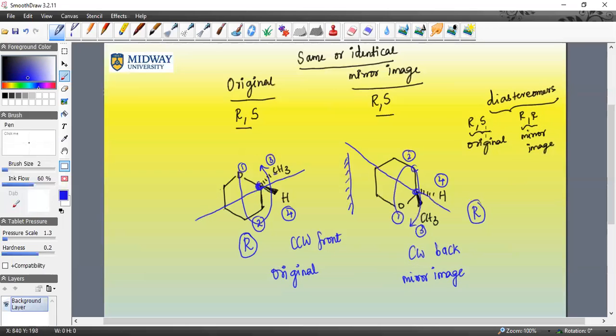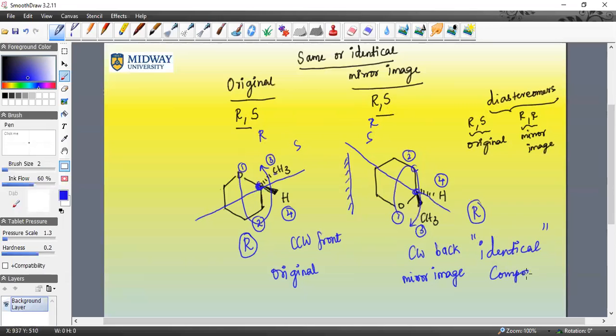At least you have to have an R and S, or S and R, or S and S, some other combination, but you've got to have at least 2. So in this case, since we have only 1 chiral center, it's R and R. Since they're identical, R becomes R, S becomes S. So it's really identical. It's not an enantiomer, it's not a diastereomer, it's an identical compound.